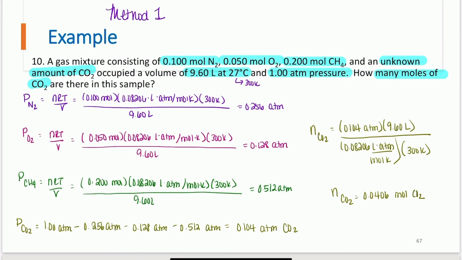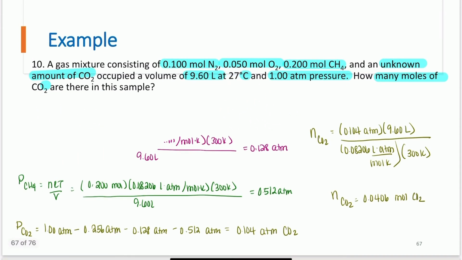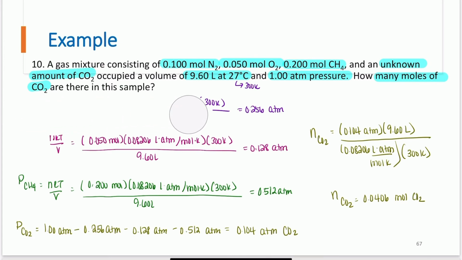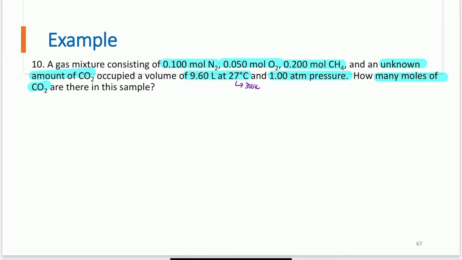The other way you can do this is much faster. So if you need to write this down, please pause the video and write it down. The faster way to do this is to recognize that the total number of moles of this system will create the total pressure of this system. So go ahead and find the total number of moles of the system.